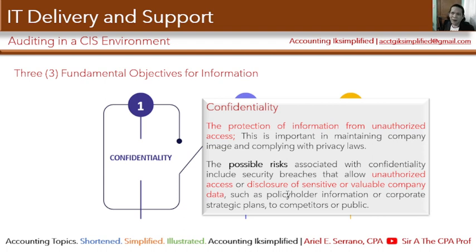Maaaring may mga espiya dyan, na ang trabaho nila is infiltrate yung isang company, makapasok sila doon para malaman nila yung mga trade secrets. Okay? So that is corporate espionage. So nag-espiya sila para makakuha sila ng mga confidential information, especially mga technical information na may kinalaman sa kanilang mga produkto. So that's a crime, malaking krimen ito.